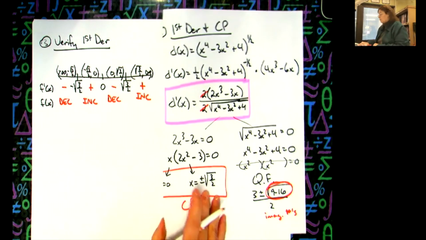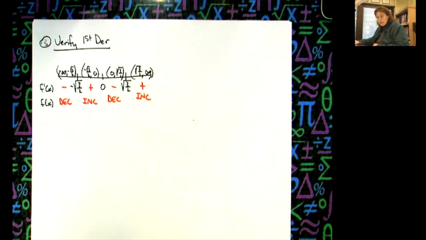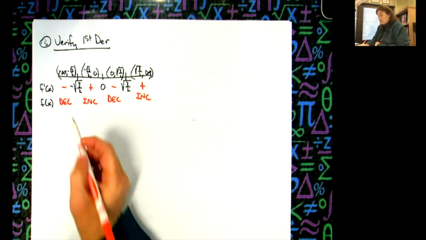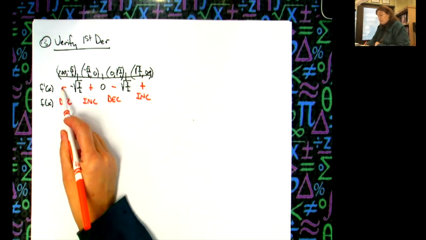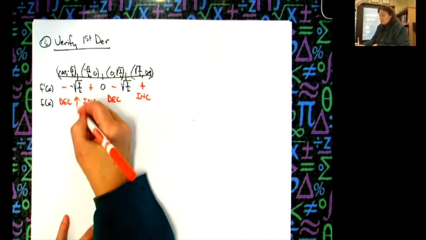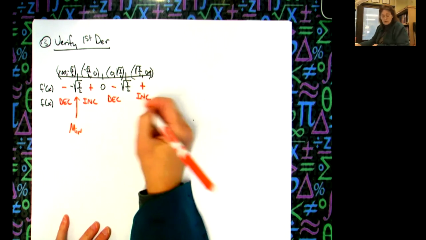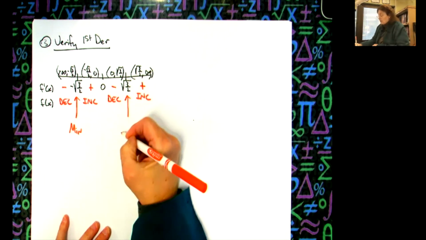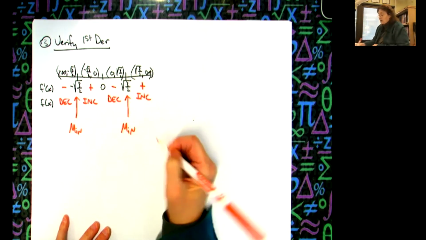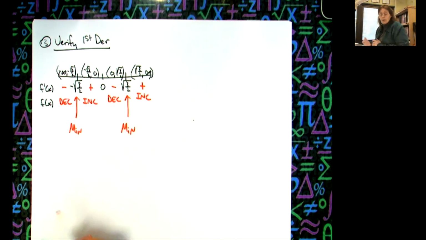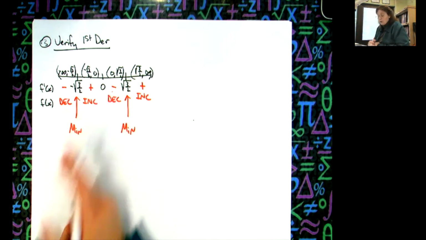We're minimizing this problem, right? So for a minimum, I need to go from decreasing to increasing. My first derivative needs to go from negative to positive. So right here would be a minimum, and decreasing to increasing again over here, this would be a minimum. Right here, that's going to be a maximum. I'm trying to minimize this problem, so I don't need that one.